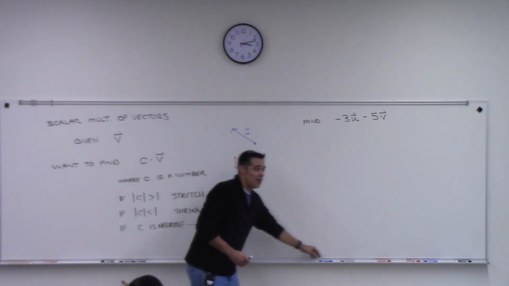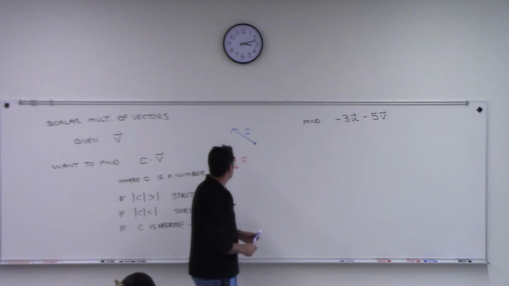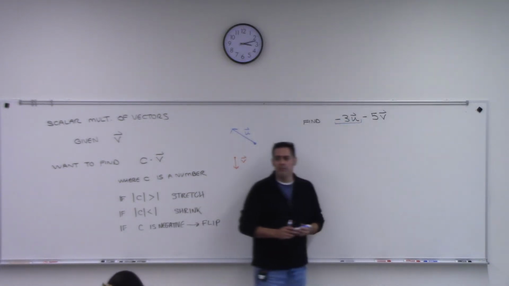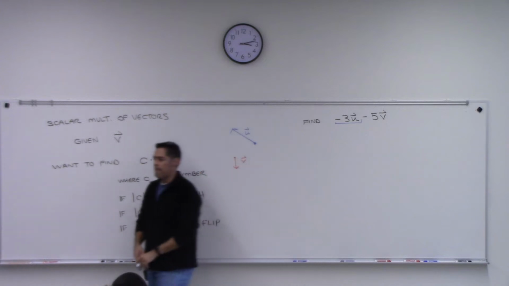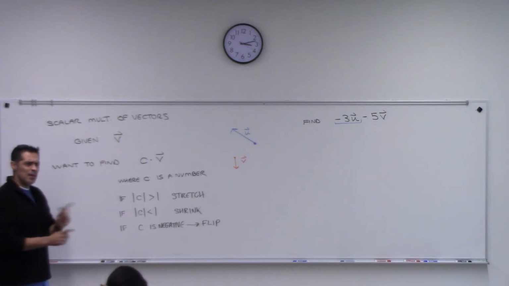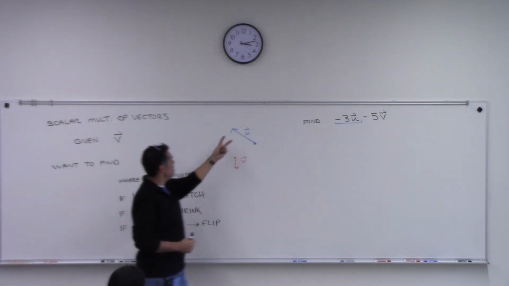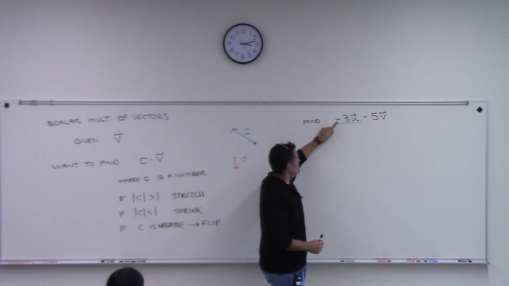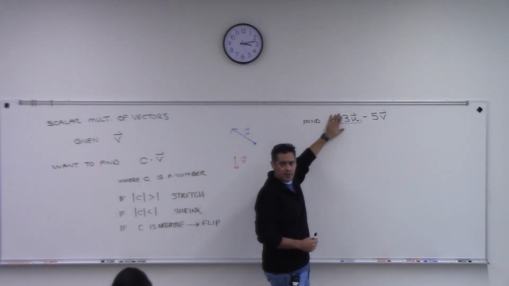So let's start by trying to draw these things out. What can you tell me about this vector? It's negative, which means I've got to flip a vector over. What vector am I flipping over? U. So it's going to flip this vector over because it's negative. Now the number in front is a 3, so it's going to make it 3 times longer, but pointing in the opposite direction.